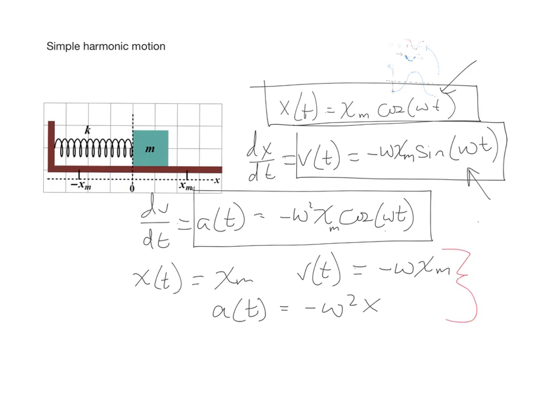And just another way to see these, this is equal to V max, or the velocity amplitude, and this is equal to A max, or acceleration amplitude. And those can be substituted into these equations in place of the omega x.